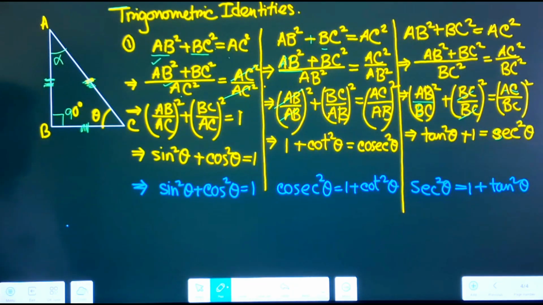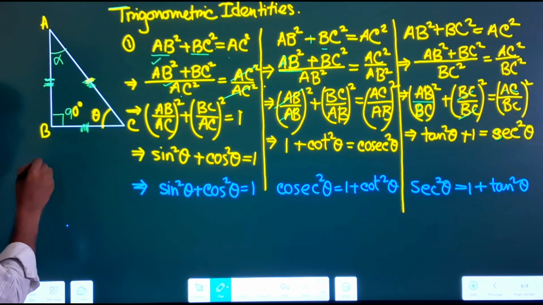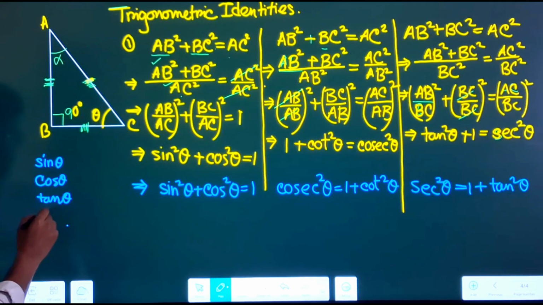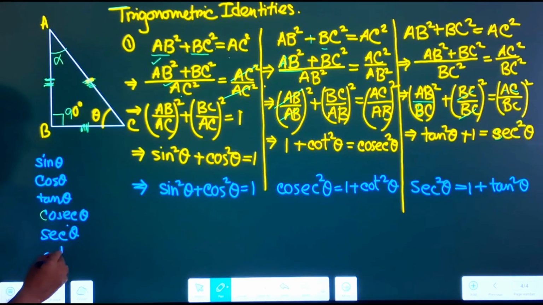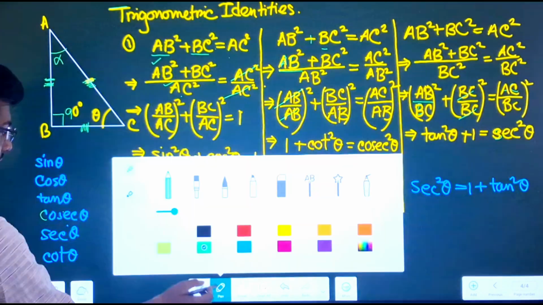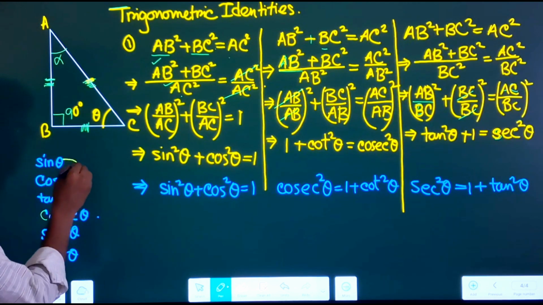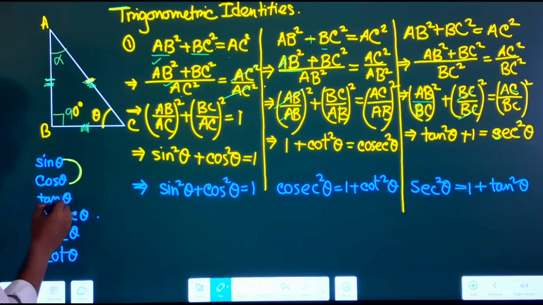At last I draw a diagram: sine theta, cos theta, tan theta, cosec theta, then sec theta, then cot theta. At first, think that there is a relation between sine and cos in the form of identity: sine square theta plus cos square theta equals to 1.